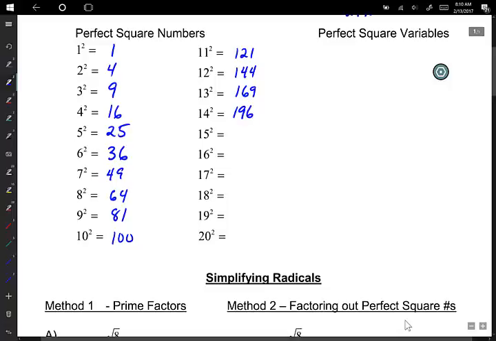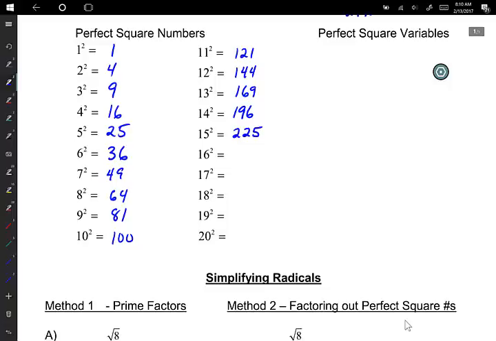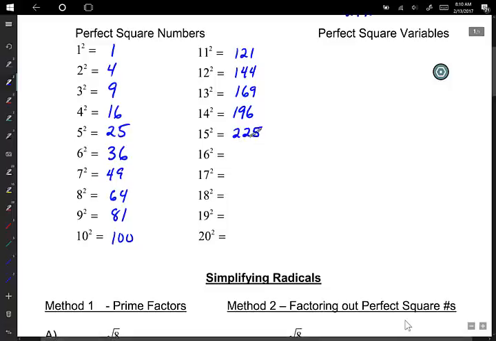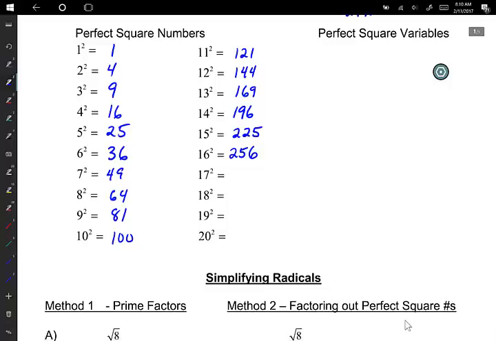196. 15 squared. 225. No calculators now. 16 squared. Take the numbers from 15 squared, which are the 25. And what is 6 times 6? So it ends in a 6. 256. 17, 18, and 19 all have the same pattern.